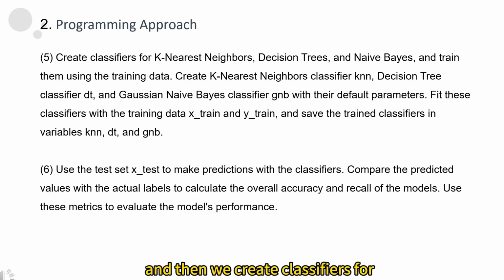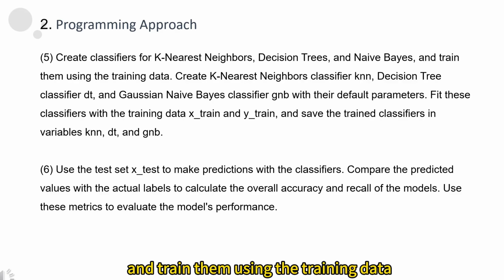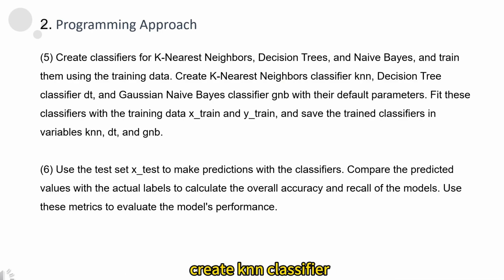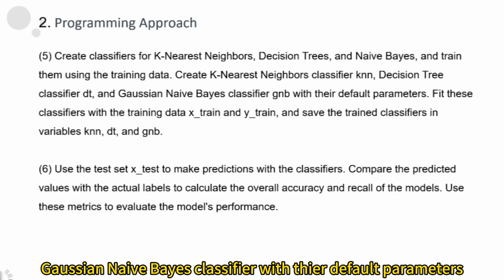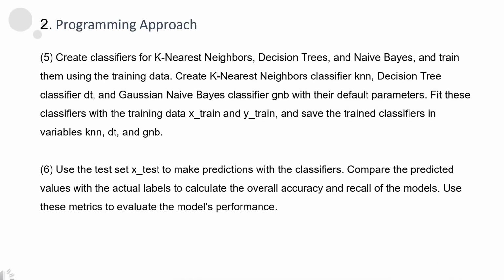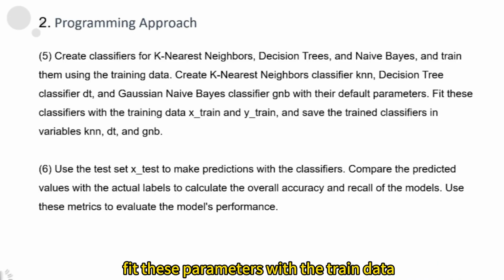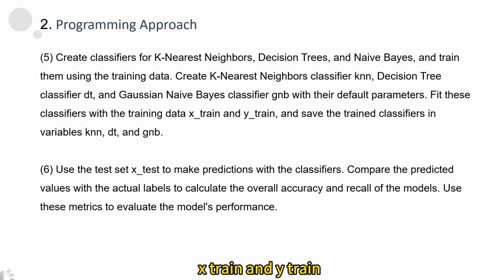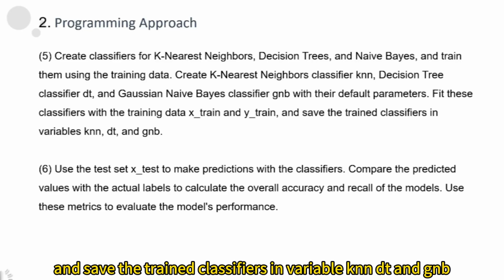And then we create classifiers for KNN, decision tree, and naive Bayes and train them using the training data. Create a KNN classifier, decision tree classifier, and Gaussian naive Bayes classifier with their default parameters. Feed these classifiers with the training data xtrain and ytrain, and save the trained classifiers in variables KNN, DT, and GNB.